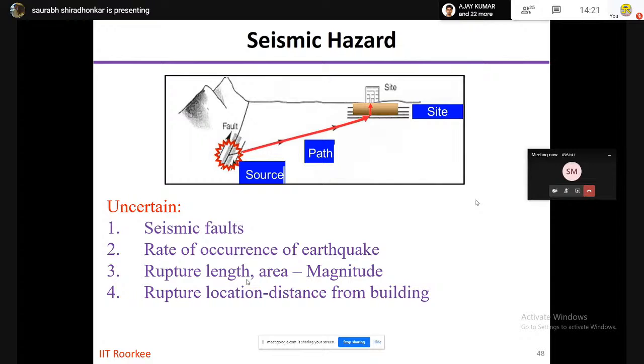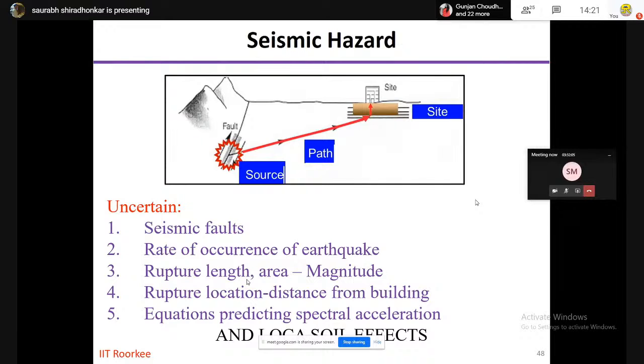At max we can predict that this is the possible magnitude and there is a possible variation to that magnitude. So we don't know the amount of rupture that will occur. And in addition to that, since we don't know the location of fault, we don't know the exact distance between the location of earthquake and the location of the building.